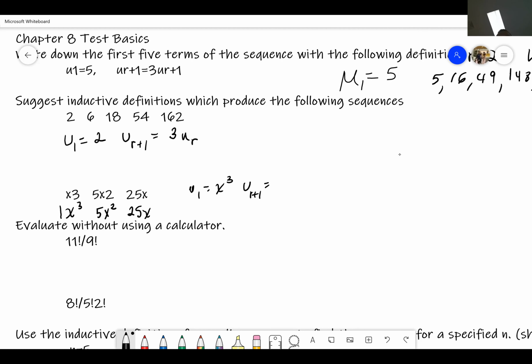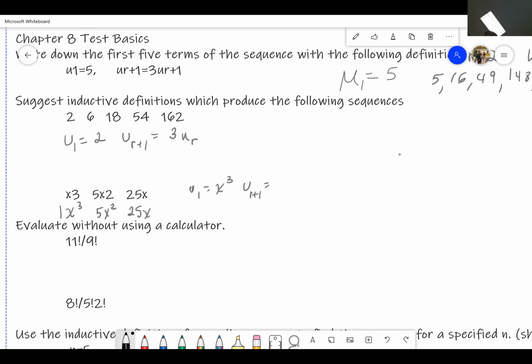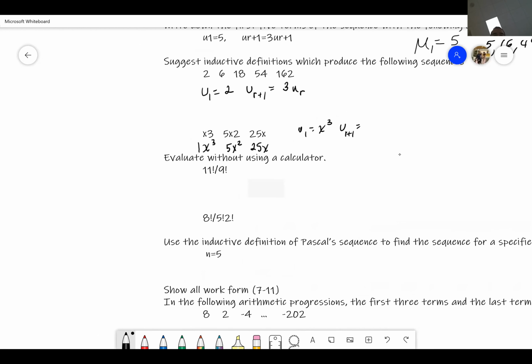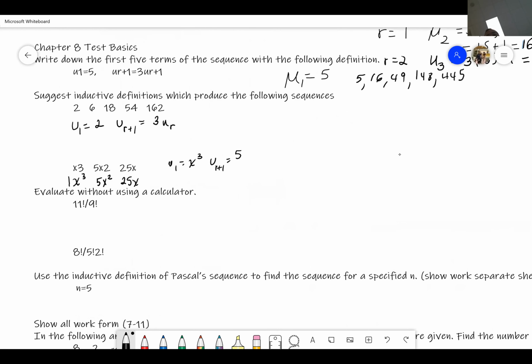If I divide by x instead of x to the third, I end up with x to the second. If I do it again with 5x squared, 5 times 5 is 25, x to the second divided by x is x. So I'm supposed to say 5 over x times u of r. And you're done. That'll work.